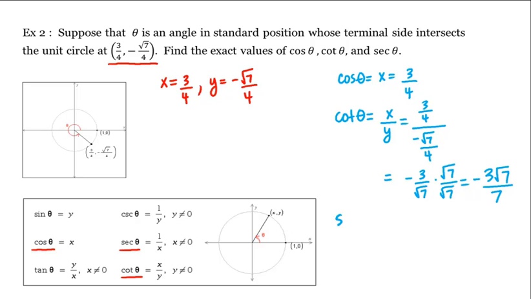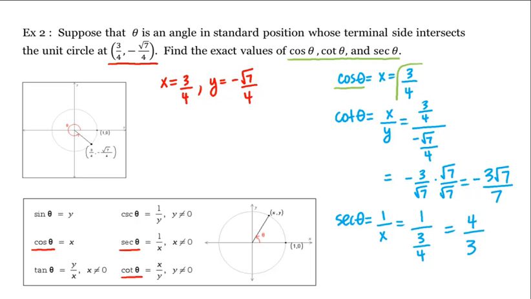And finally, the secant of theta is equal to 1 divided by the x-coordinate, or 1 divided by 3/4, which is equal to 4/3.